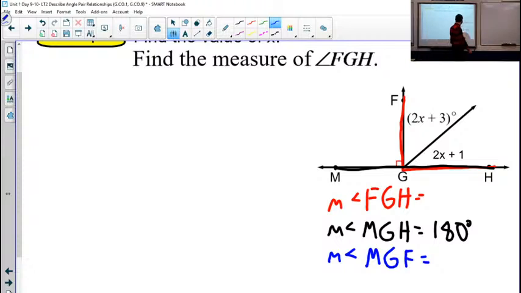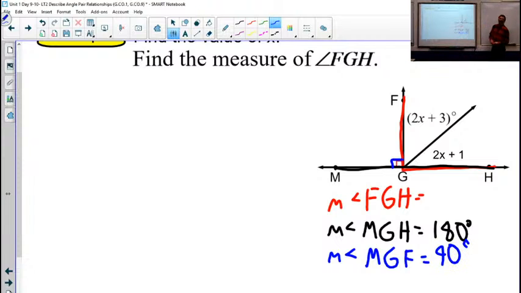Measure of angle MGF. That's also told to us in the diagram. For those of you writing your explanations, this is kind of the direction that your explanation should take. M to G to F, M to G up through F, gives me that box, and I know what that box means. What does that box mean? 90. That means we have a right angle.